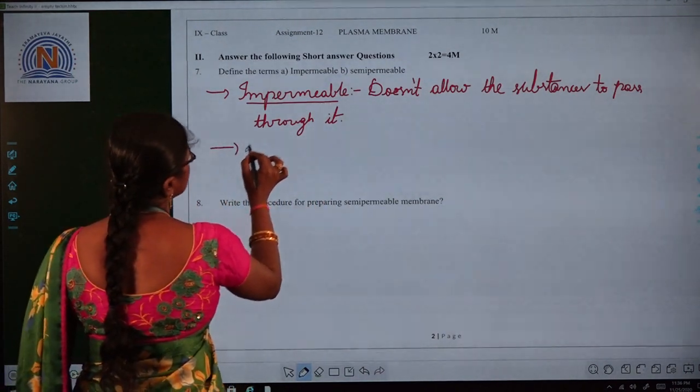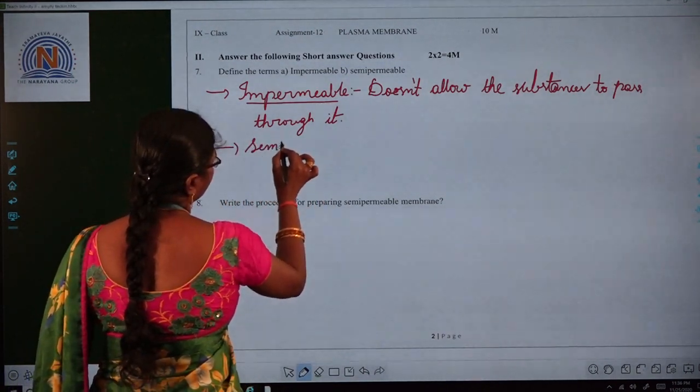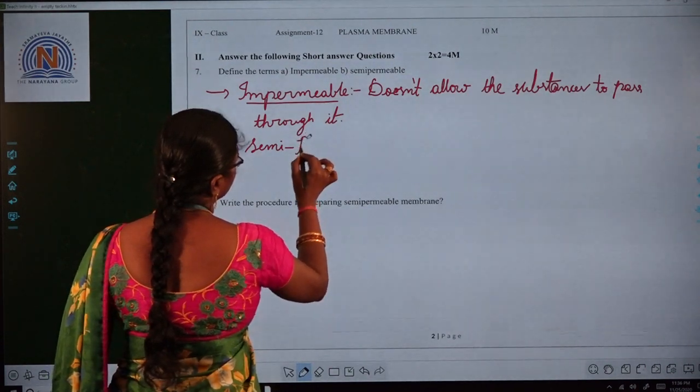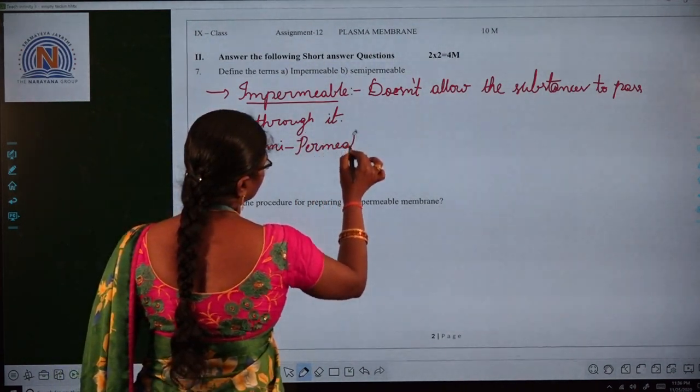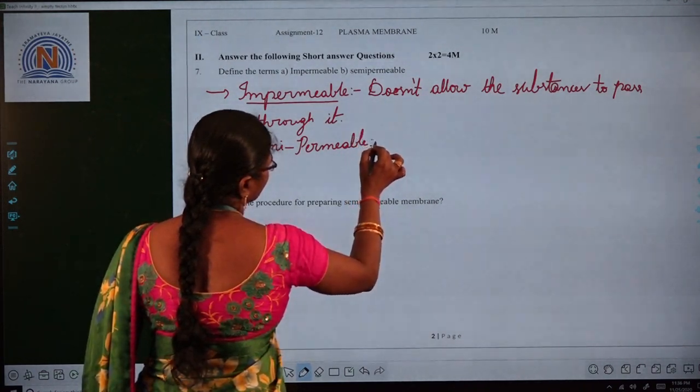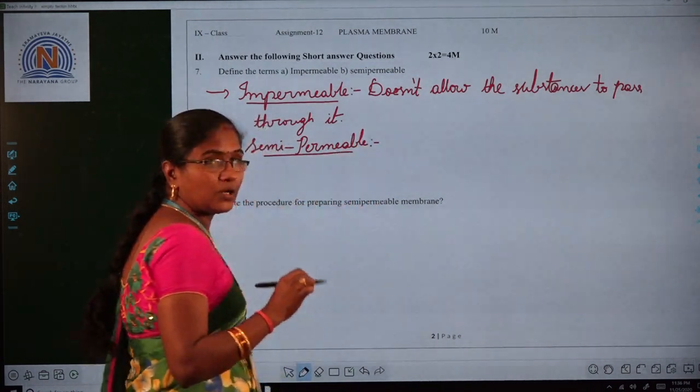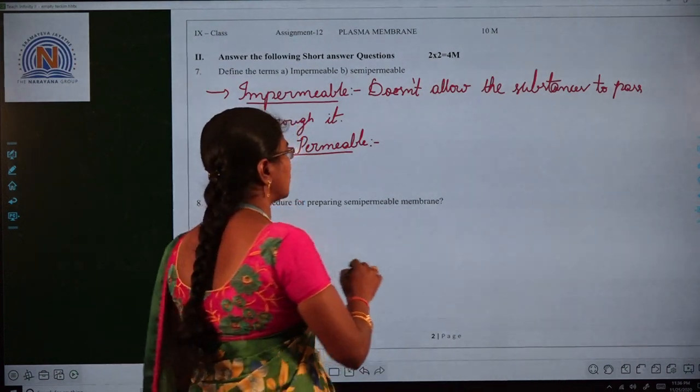And semi-permeable allows the solvent but stops the solute.